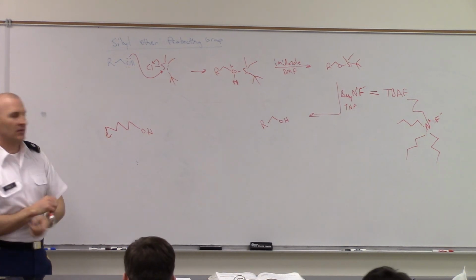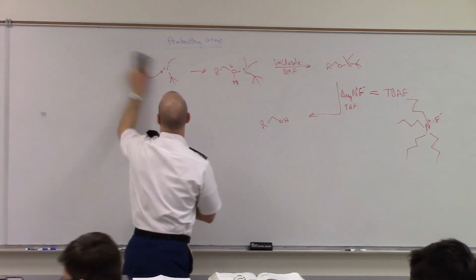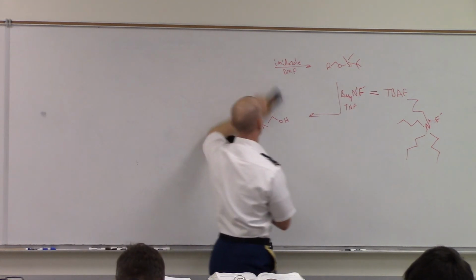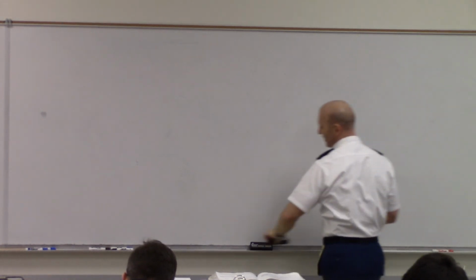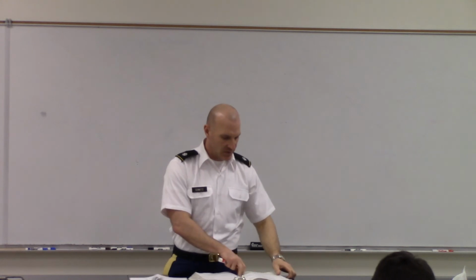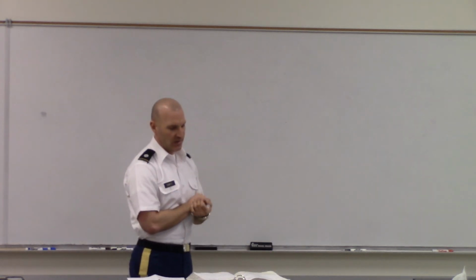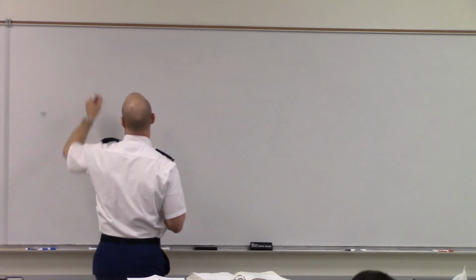Good? Pretty easy? All right, last part. Now this is a mechanism you are responsible for being able to do, which is the cleavage of an ether. Now that we made ethers, we're going to break them apart.